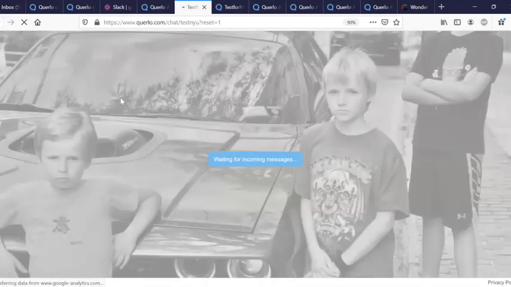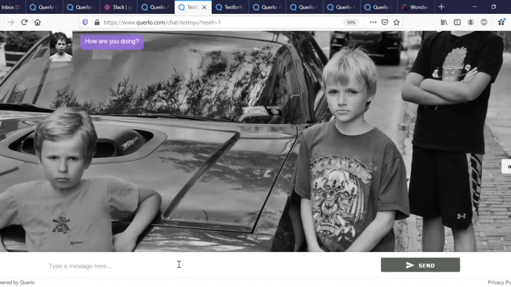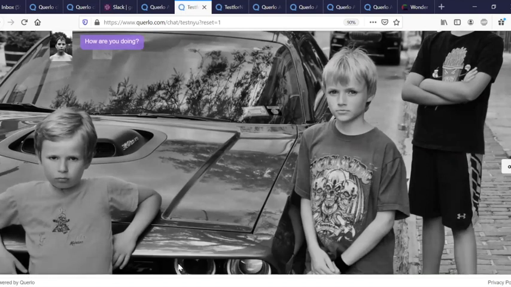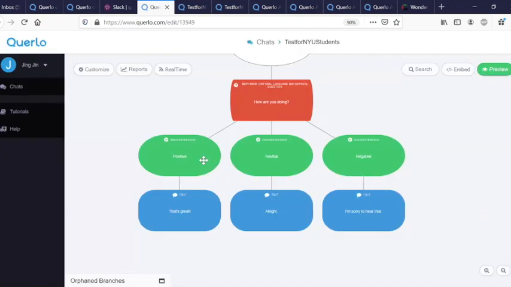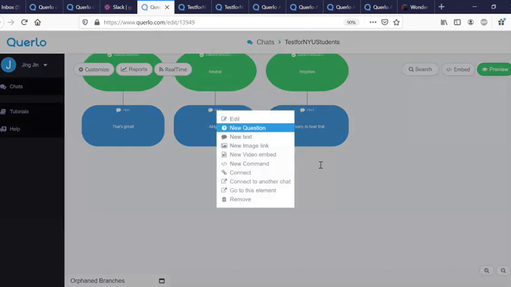You can do a preview. So Watson successfully interpreted it as a positive sentiment. The emotions work the same.